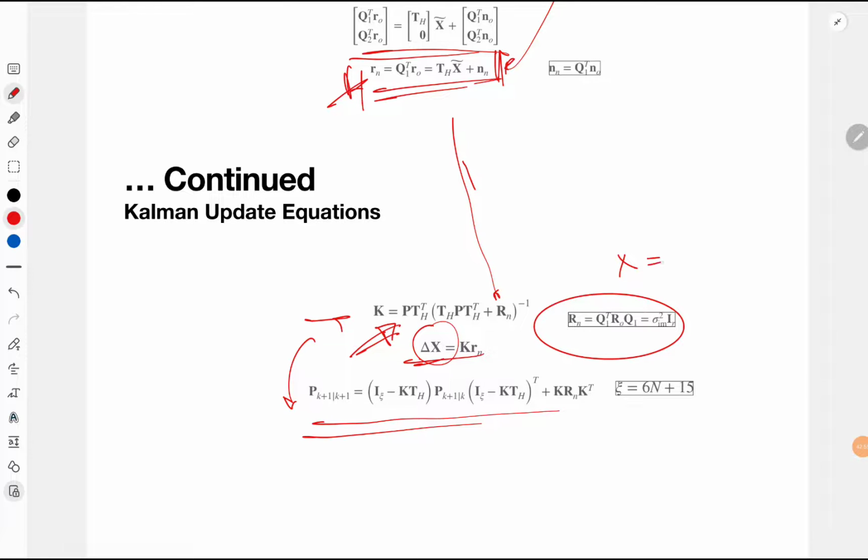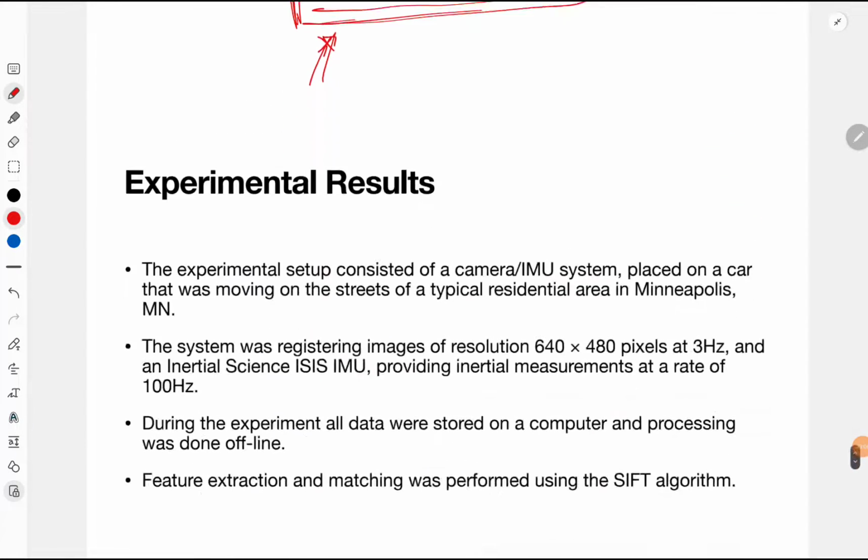Your update, x at t plus 1, would be xt plus this delta x, and this is where you would have your updated covariance.